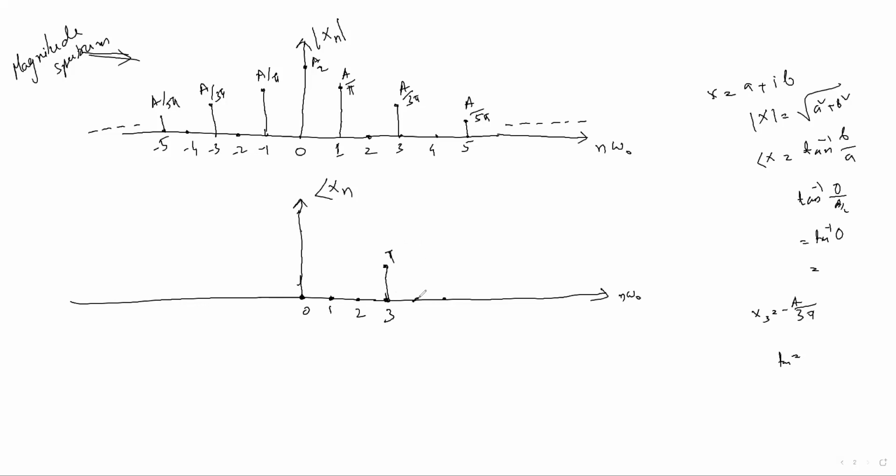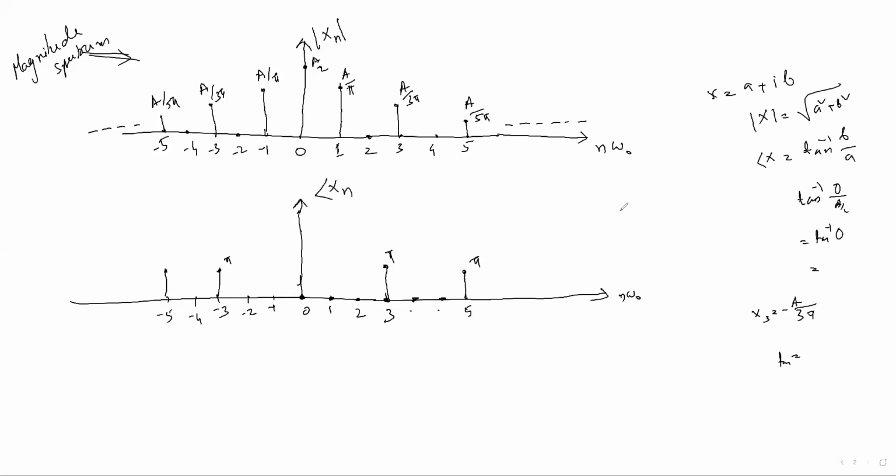Next, 2 will again be 0, again 3, 4, 5 will give how much? Again pi. Understand? Like this you can find minus 1, minus 2, minus 3, minus 4, minus 5. They are also pi.